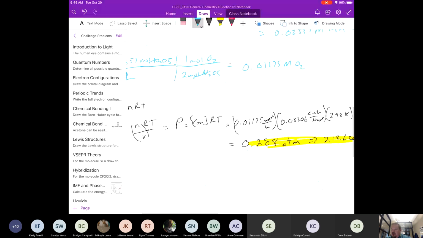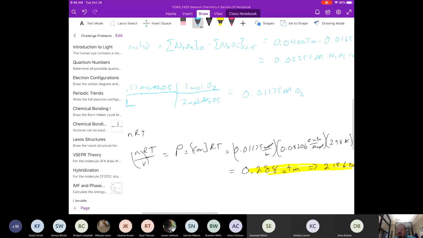So again, we can look at these integrated rate laws as being a time-dependent equation. But we can also use these to help determine orders experimentally. For example, when we do the kinetics lab, we're going to be monitoring concentrations with time.